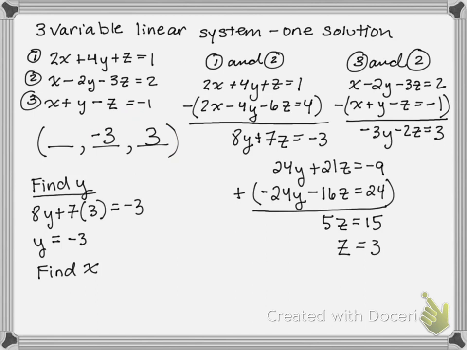So finding x, I'll plug into the third equation. So that'll be x plus the y is negative 3 plus the z is 3 equal to negative 1. And that'll be x is equal to, just a moment, I missed a negative here.